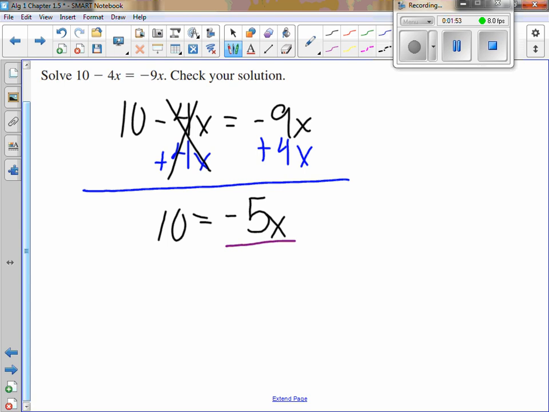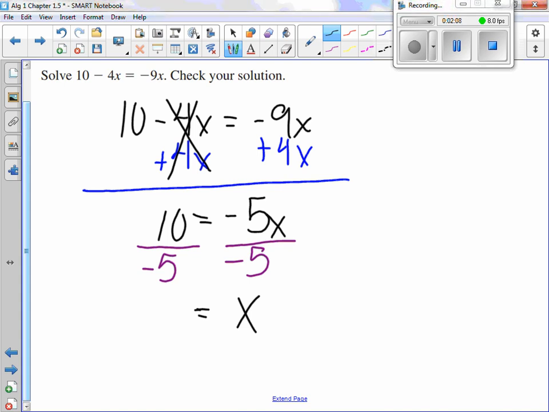We need to get x by itself, so we need to divide by negative 5, because negative 5 divided by negative 5 will give us 1. It will give us x by itself. And now we need to do 10 divided by negative 5, and 10 divided by negative 5 is?